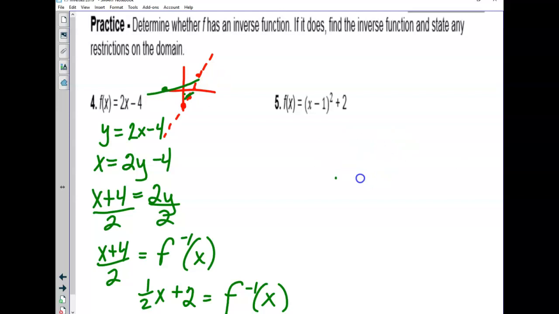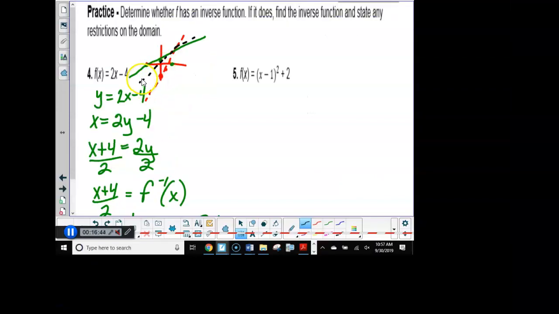Great, what did I just do? So the x's and y's would switch, and it would look like it reflected across the line y equals x, that they folded in half, okay?